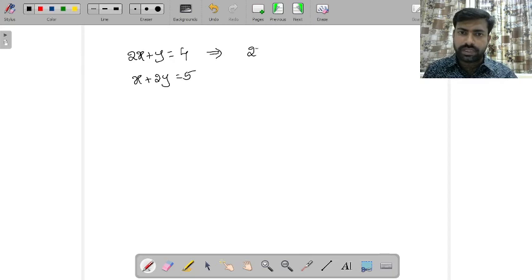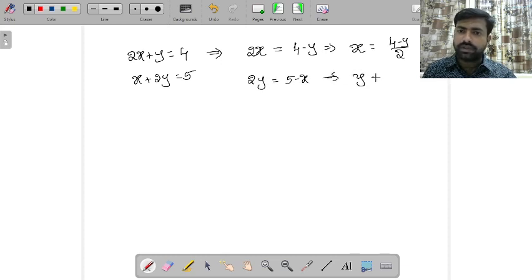So the procedure is the same. You need to write 2x equal to 4 minus y. From this you write what x is: x is equal to (4 minus y) by 2. And here 2y equal to 5 minus x, so from this y equal to (5 minus x) by 2. So in both methods this is common. Next we are going to write an iterative formula.